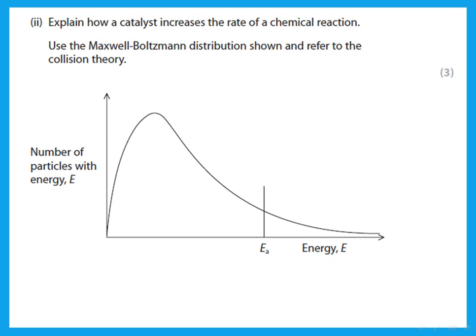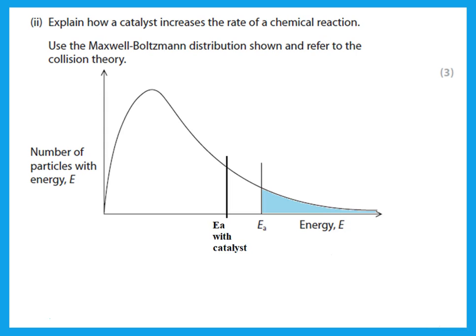Okay, then he says, explain how a catalyst increases the rate of the reaction. You have to remember that we said, what does the catalyst do? It lowers the activation energy. So if you have a certain activation energy, the molecules with energy higher than the activation energy are the ones that will have successful collisions. But with a catalyst, the energy of activation is lower.